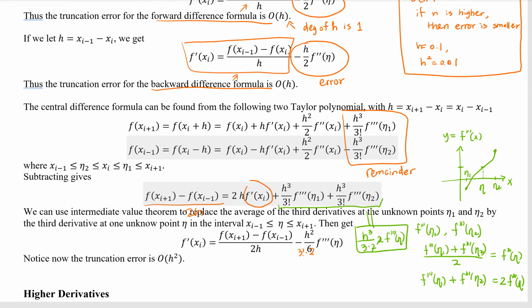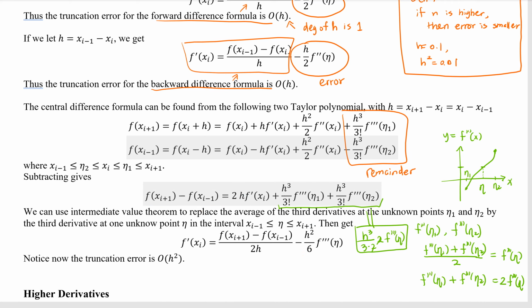So that's why we only have h cubed f triple prime eta over 3. And we can move it to the left, and when we divide by 2h, h cubed becomes h squared, and then we have f triple prime eta over 6. So this is how this 6 comes from. Is that okay, everybody?